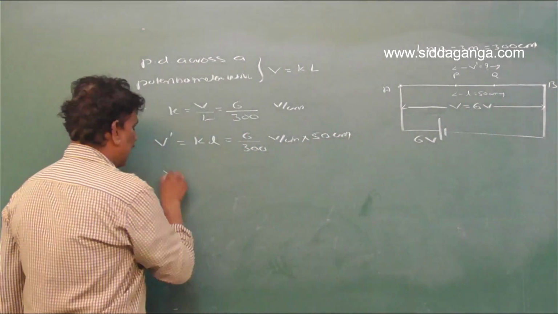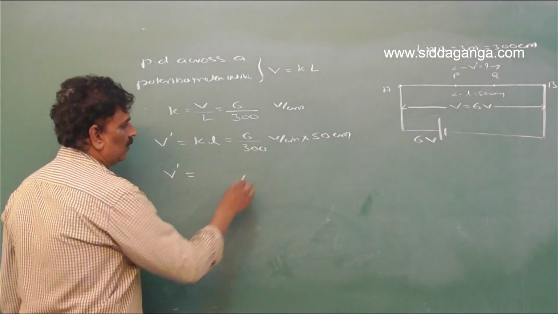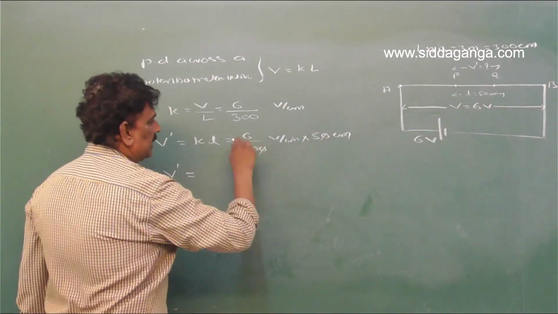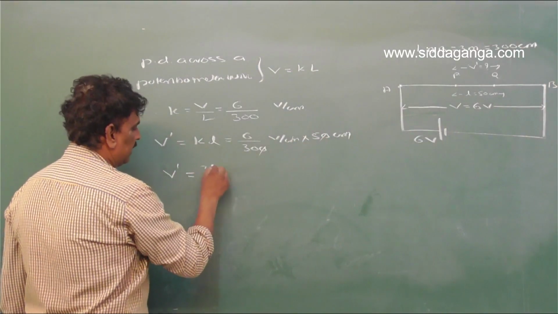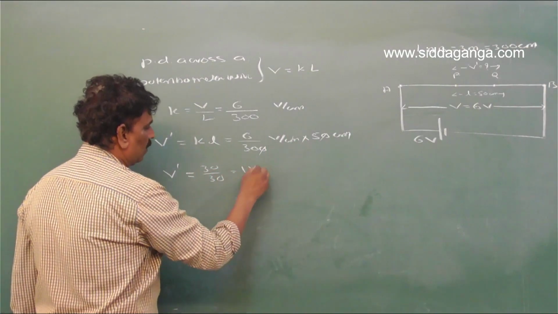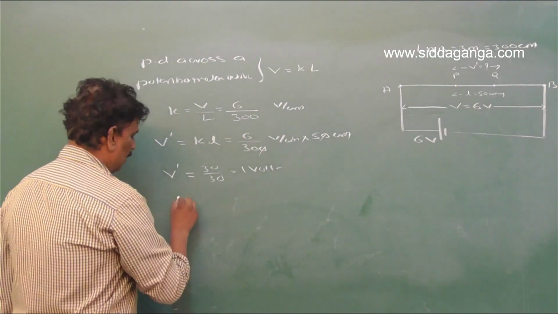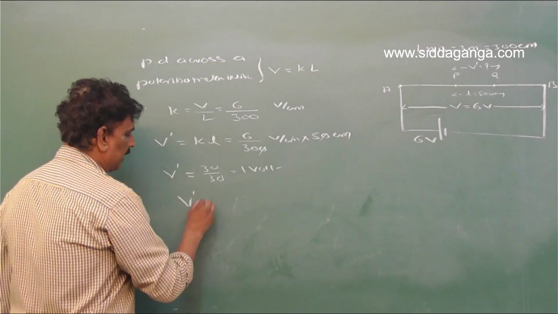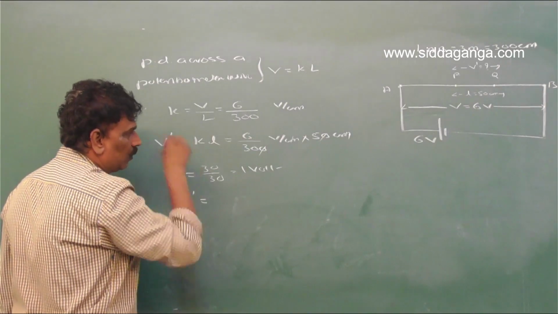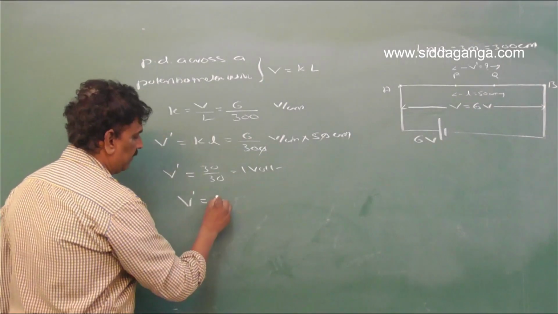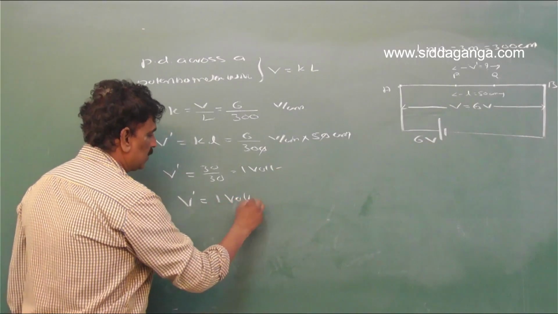Centimeter gets cancelled. V dash is equal to 6 into 5 by 30, that is 30 by 30, which is equal to 1 volt. So the potential difference between the 2 points separated by a distance of 50 centimeter is 1 volt.